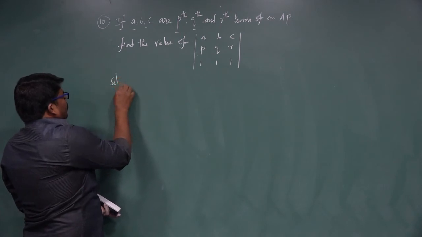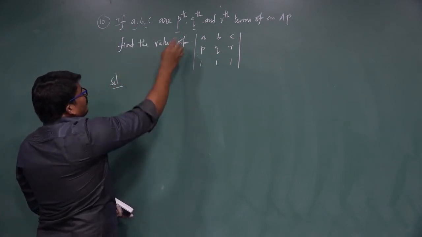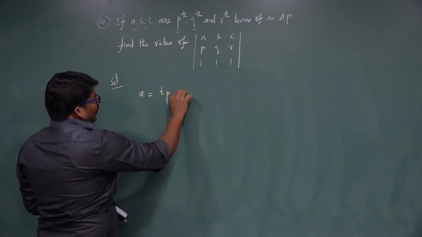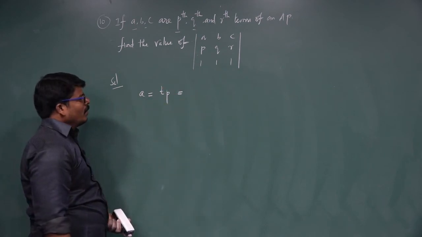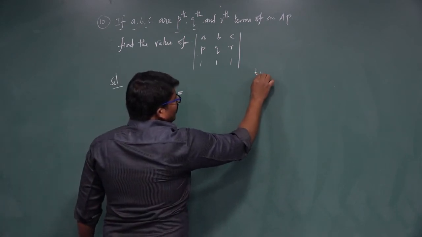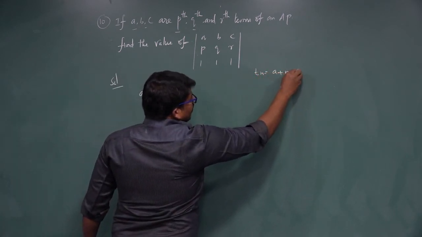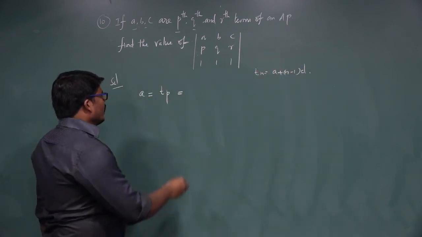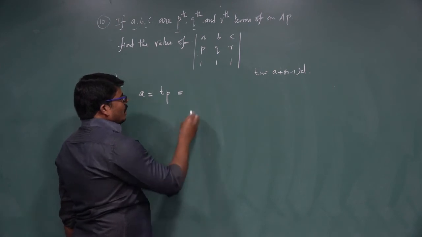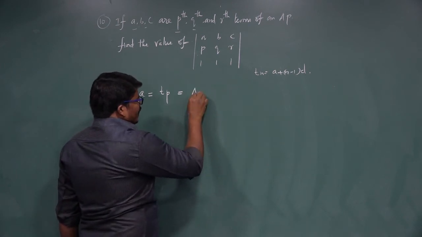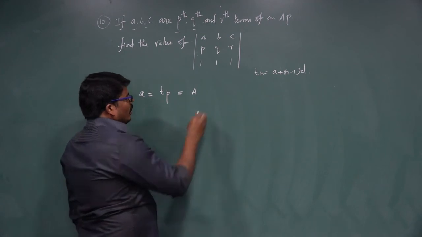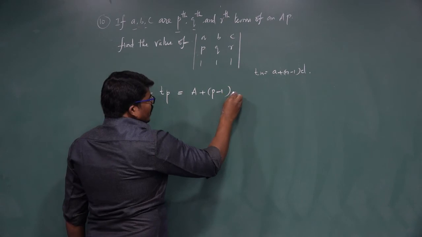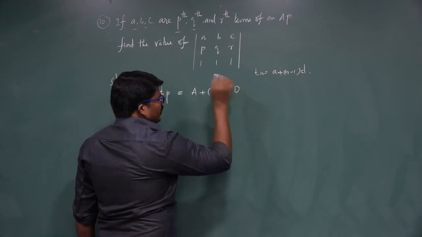Here A is the pth term, Tp, so using capital A and capital D, Tn equals A plus n minus 1 into D.